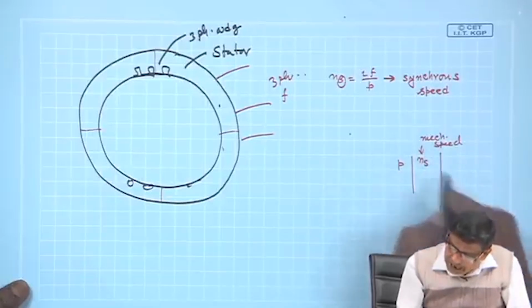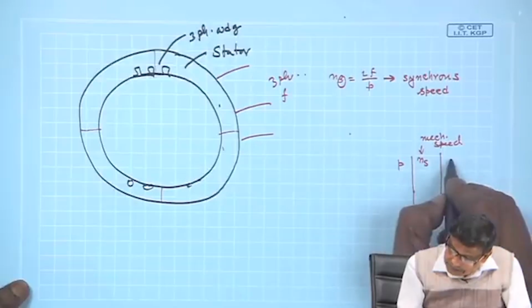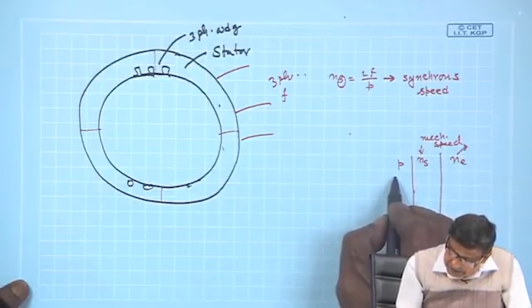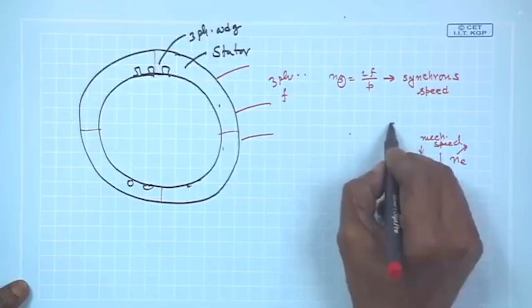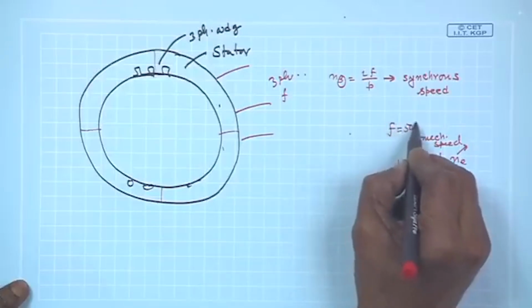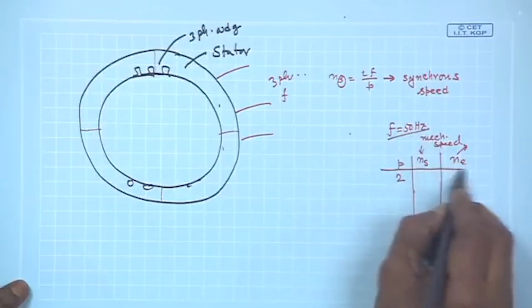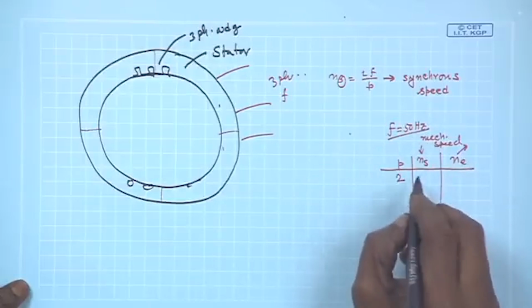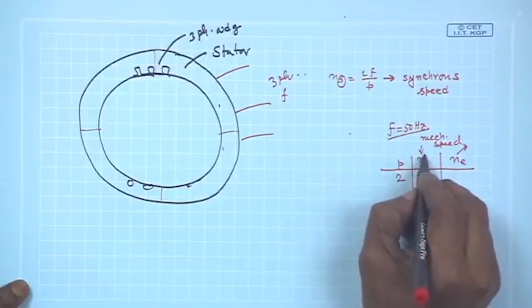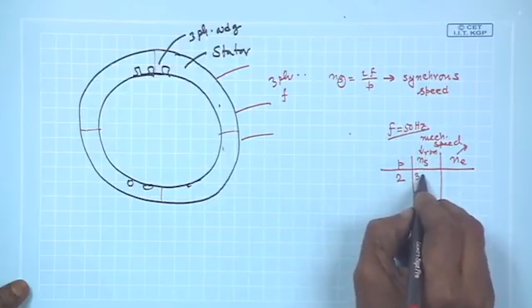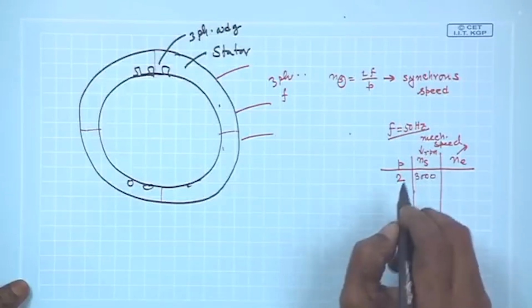As I told you, if you make a table that is P and Ns mechanical speed, and also suppose I make a table electrical speed Ne, I will say if it is 2 pole and supply frequency is 50 hertz. This table is not for memorizing, and also it is easy. 2 pole in RPM, if I write, it will be 3000 RPM.